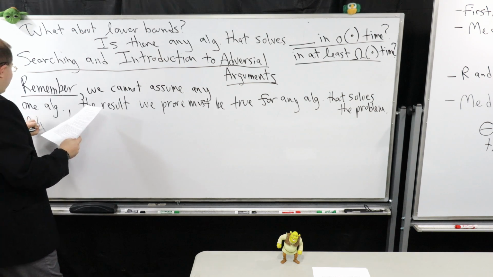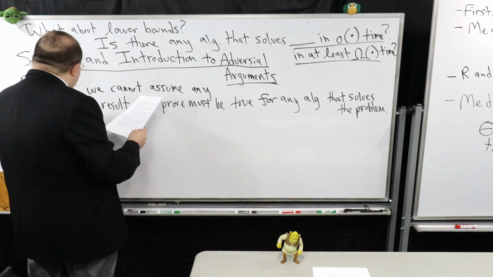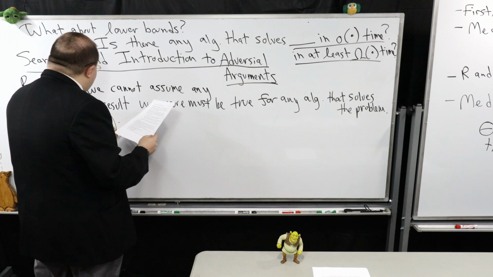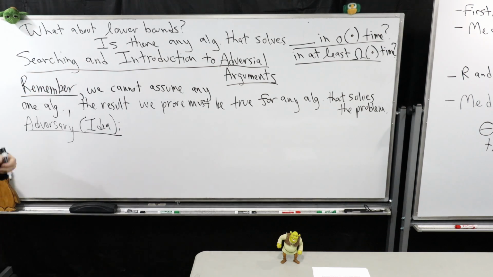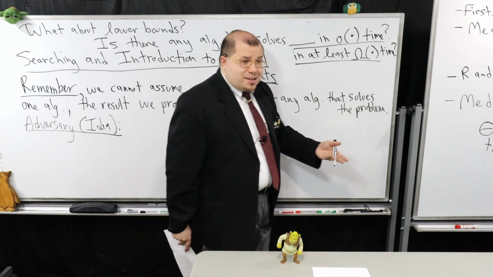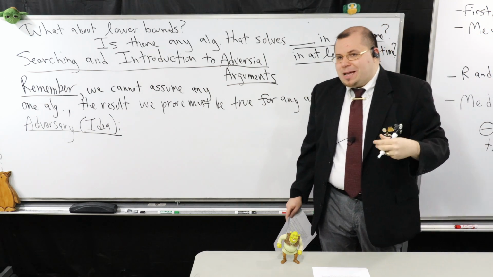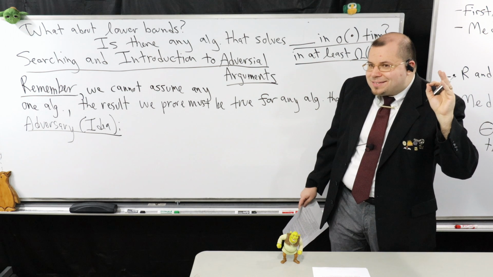So I'm going to give you the idea of the adversary. And I must stress that depending on what kind of problems you're studying, you might even change the rules on certain assumptions that the adversary can make. For example, if you get into some more advanced theory, sometimes people make assumptions about the omniscience of the adversary.